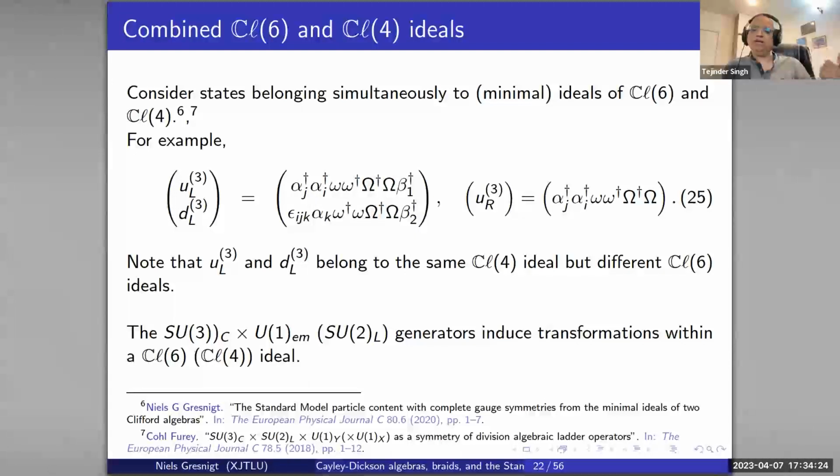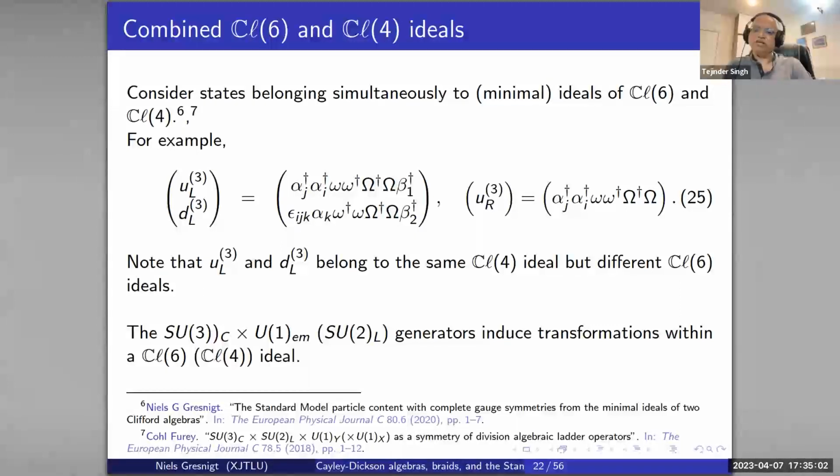So if you make the first CL6 using the left-handed neutrino, and you make the second CL6 now by extending the standard model and bringing in 3 generations of sterile right-handed neutrinos, that's very crucial. And then the excitations of the sterile neutrino give you the right-handed chiral fermions. Excitations of the left-handed neutrino give you the left-handed fermions.